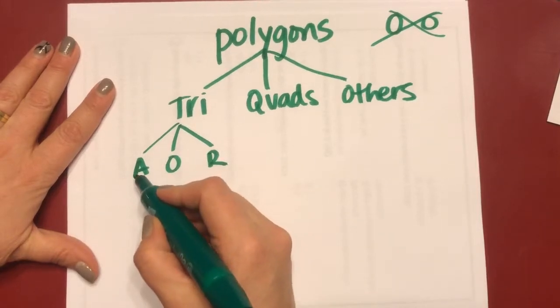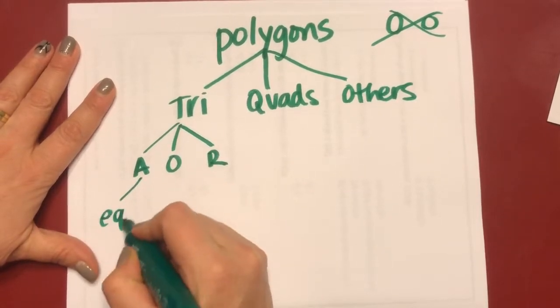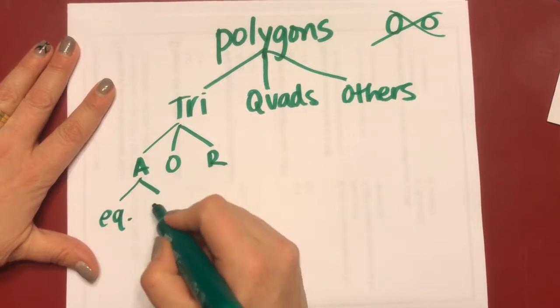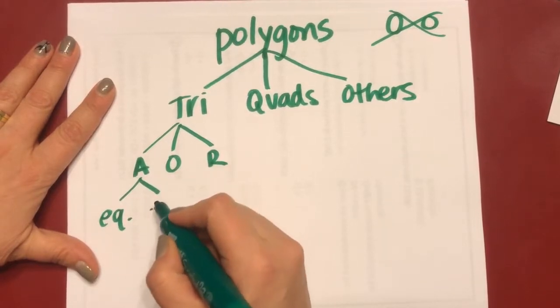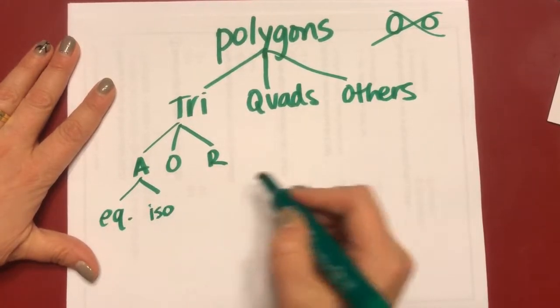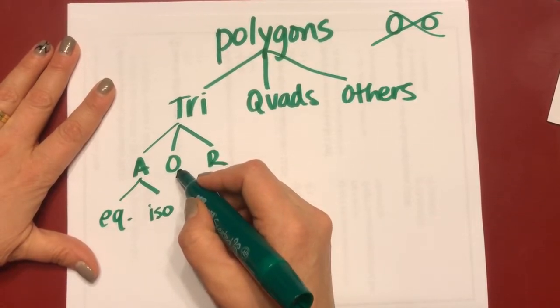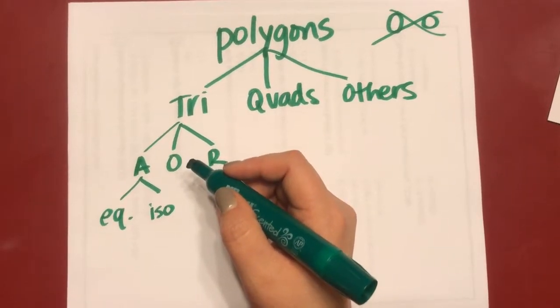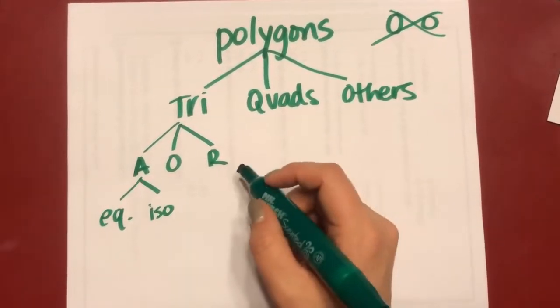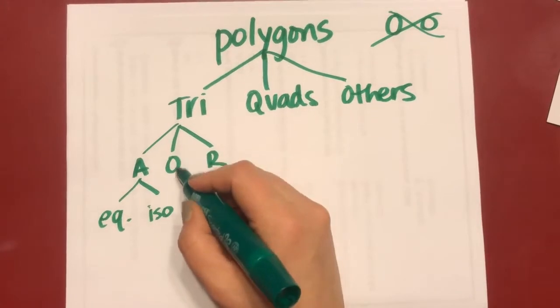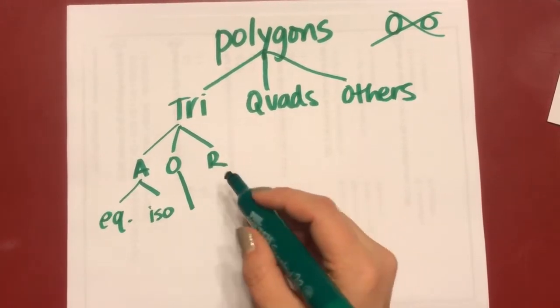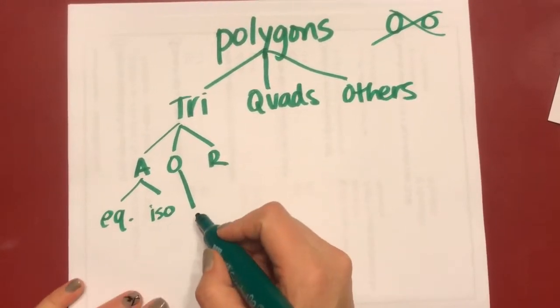So an acute triangle could be an equilateral triangle, or it could be an isosceles triangle. It really couldn't be a scalene triangle, because a scalene triangle is probably going to have some different features, okay? An obtuse triangle could not be equilateral.